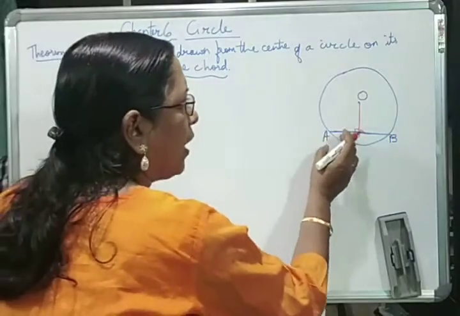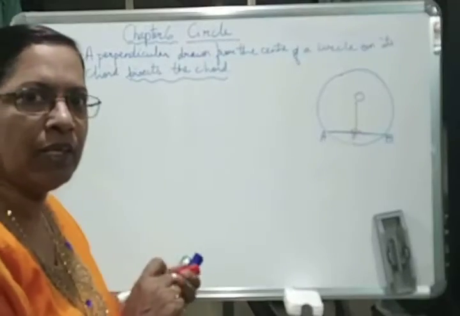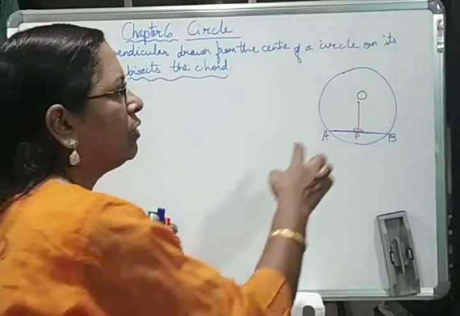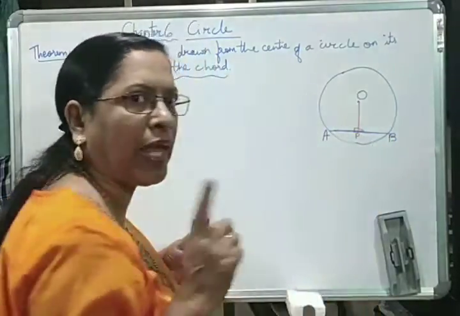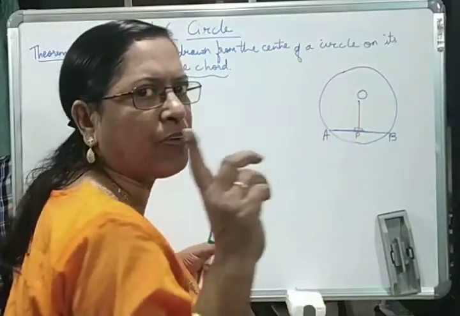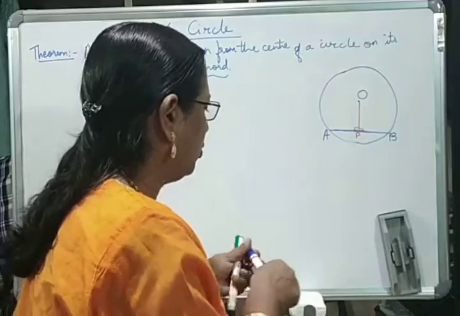So we have to prove PA is equal to PB. So always remember that when OP is perpendicular to AB, then P is the midpoint of AB. I hope you now know it.